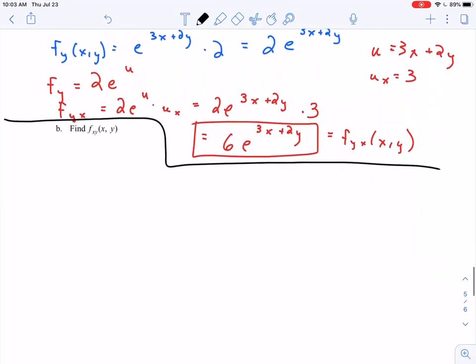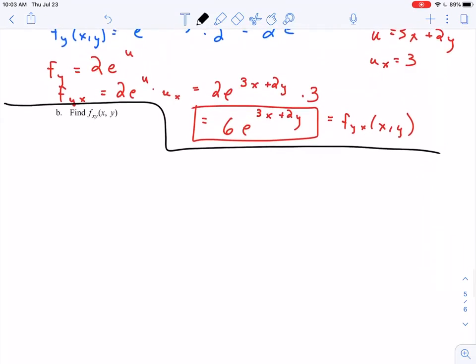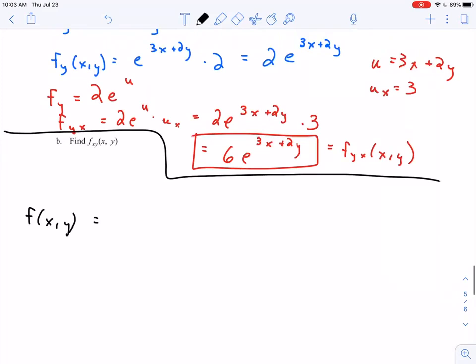Let's look at one last second order partial derivative. And just to write our function here one more time, f of x y, we said that was e to the 3x plus 2y power. So here I want, first of all, the first order partial derivative with respect to x this time. So here I'm going to go a little bit quicker.